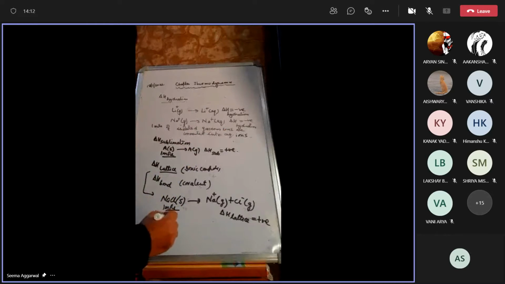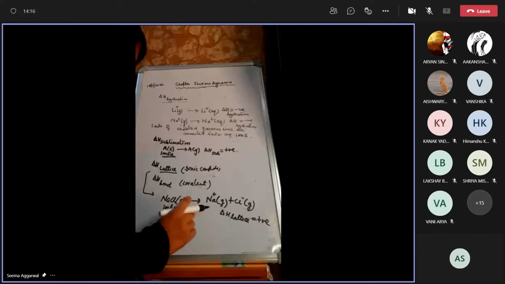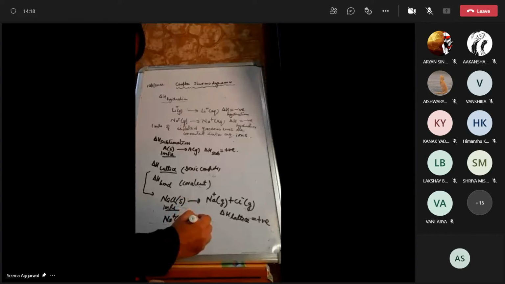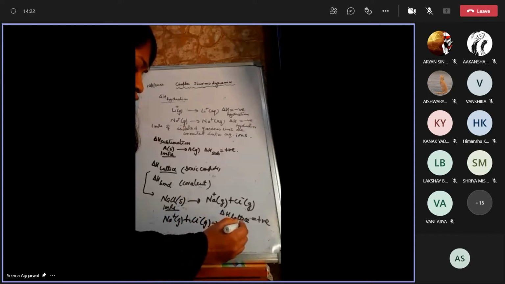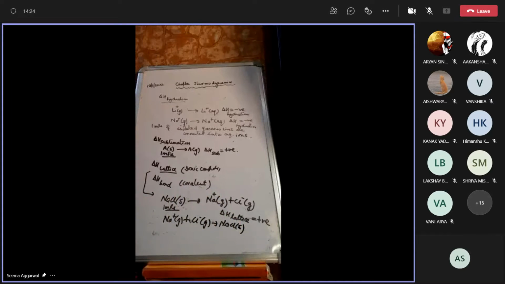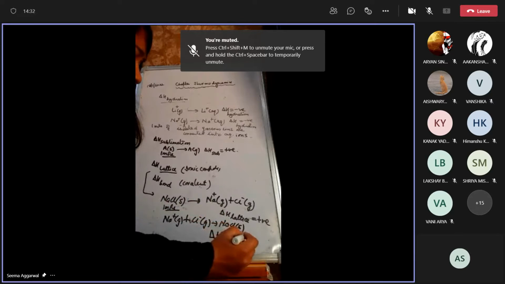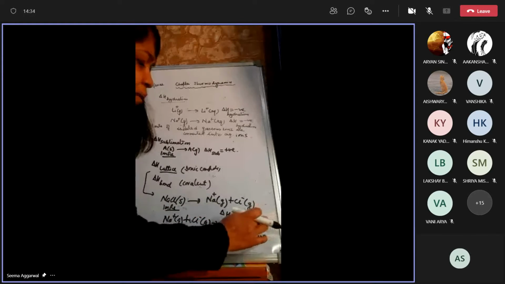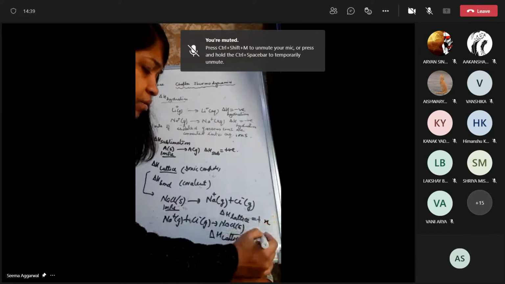Okay, now suppose I am taking the reverse reaction. When one mole of an ionic solid is formed from its ions, is it also the lattice enthalpy? Yes or no? Yes. Both of them are lattice enthalpy. The only difference is, if this is plus x, then it will be minus x.